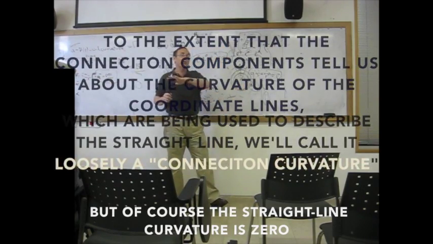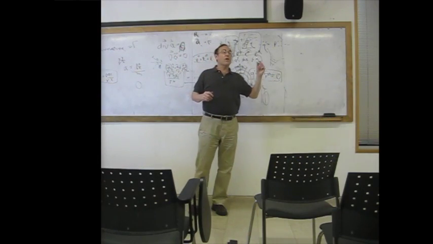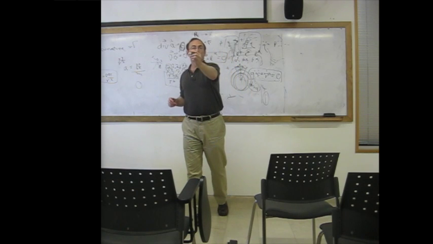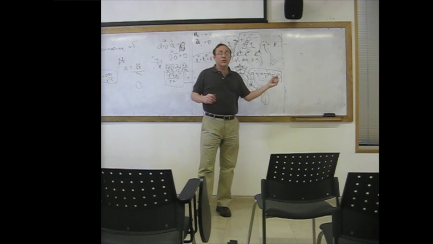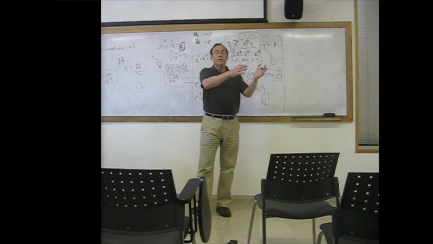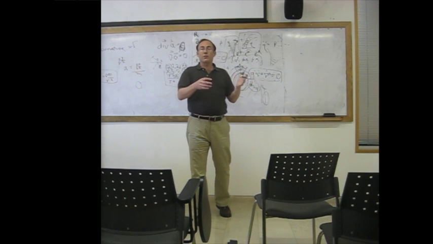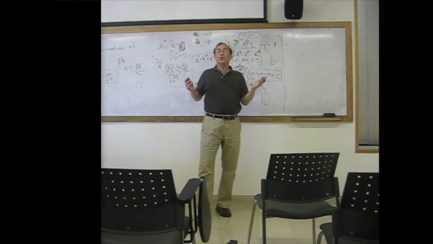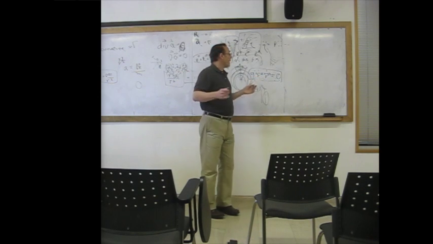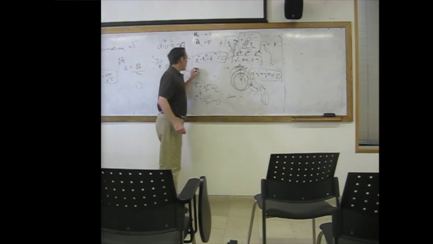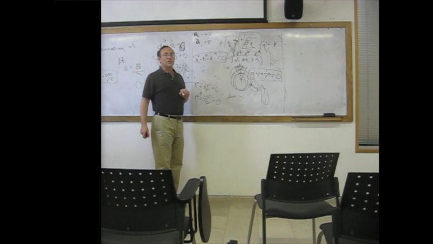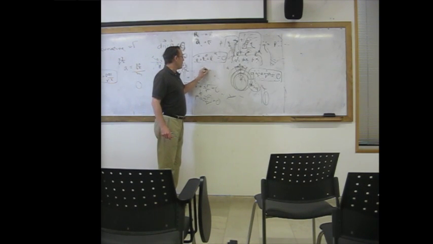The connection also tells you about a curved surface. If you draw the straightest possible line on a curved surface, even though it's a straight line, the surface is curved. There are going to be functions creeping into the equation of the geodesic. Even if you use Cartesian coordinates, x, y, and z, right, you're going to find that you can't write x double dot equals 0. You're going to get x double dot y plus y squared.